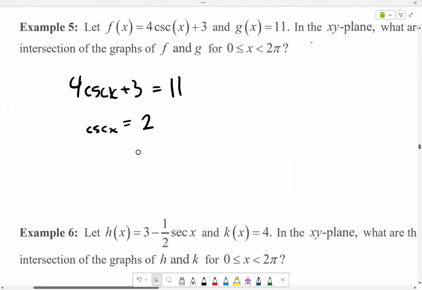Okay, we got to cosecant of x equals 2. Can we solve that? Exactly. We're not going to solve it in that form. Let's change it into sine. I like to isolate the cosecant first, but whatever you like. 1 over sine of x equals 2.